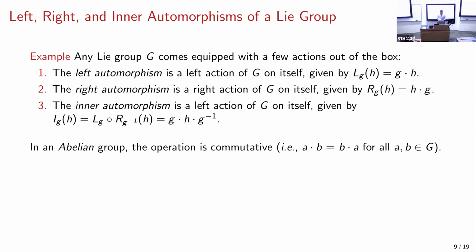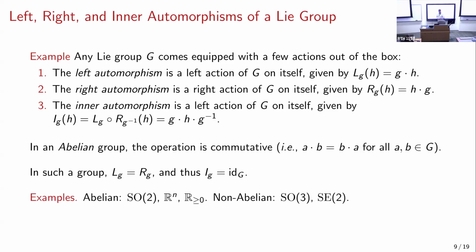Like I was just alluding to, in groups where the operation is commutative, we call these groups abelian. And in those groups, the left and right automorphisms are actually the same map because GH equals HG. So for that reason we can see that the inner automorphism is the identity, because these two just cancel if they're the same map. An example of an abelian group would be the 2D rotation group that we just talked about.